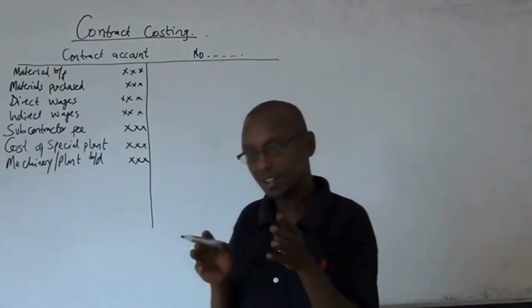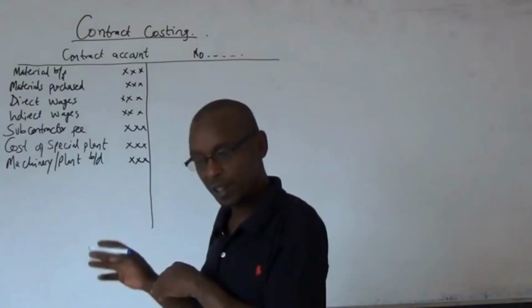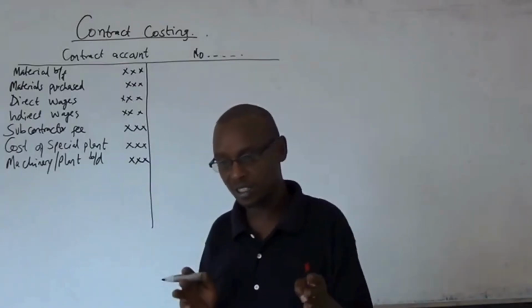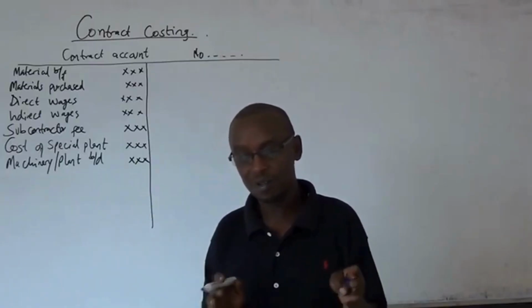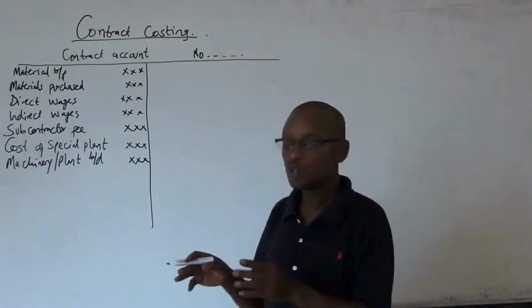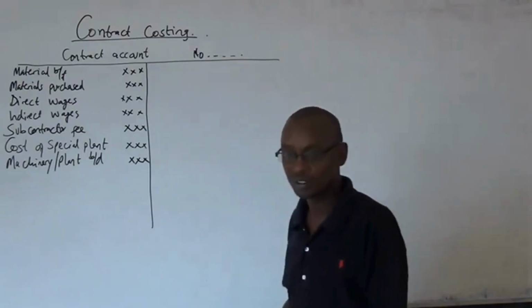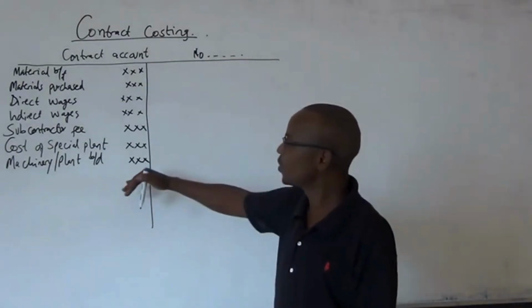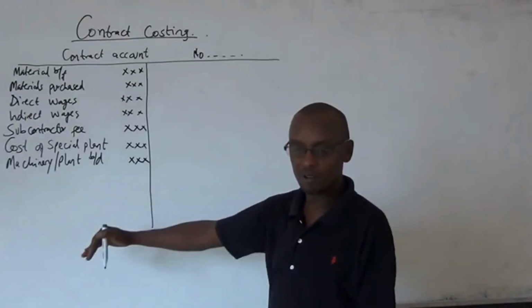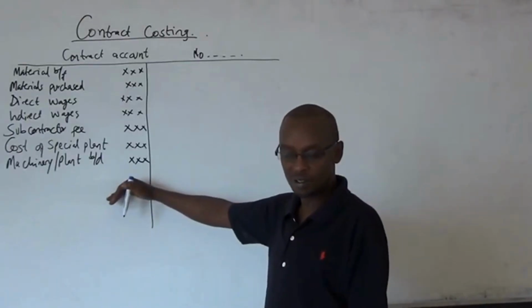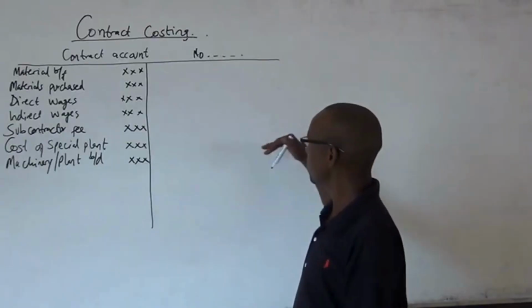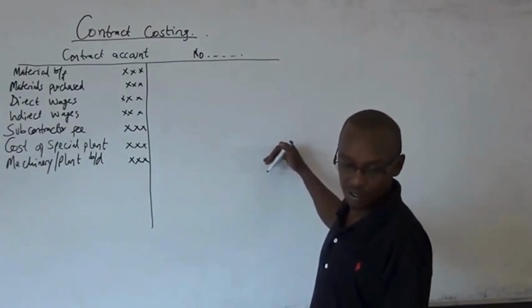They move from one contract to another because they are non-current assets. So when we come to this contract, the value of that machinery at the beginning of the period, we put it here. Then at the end of the period, we are going to put it here.